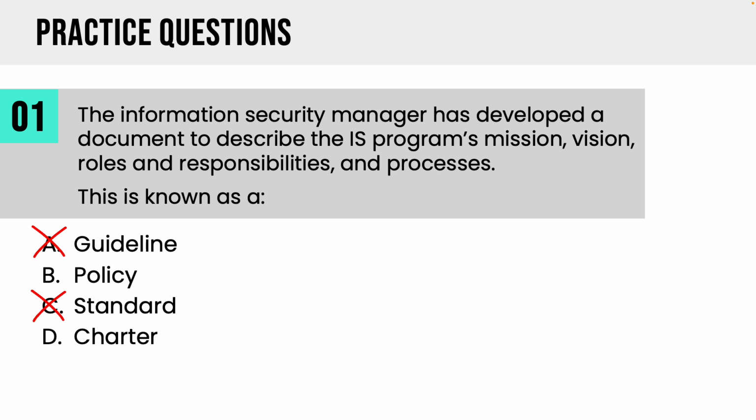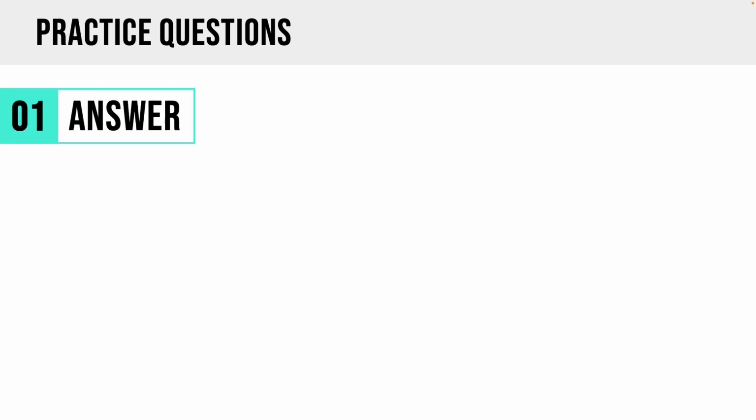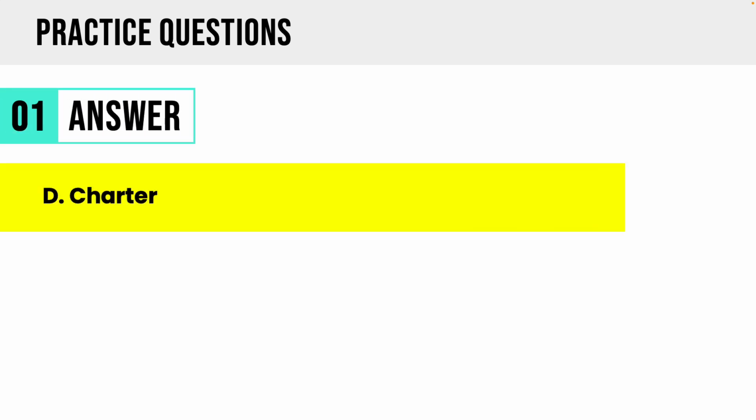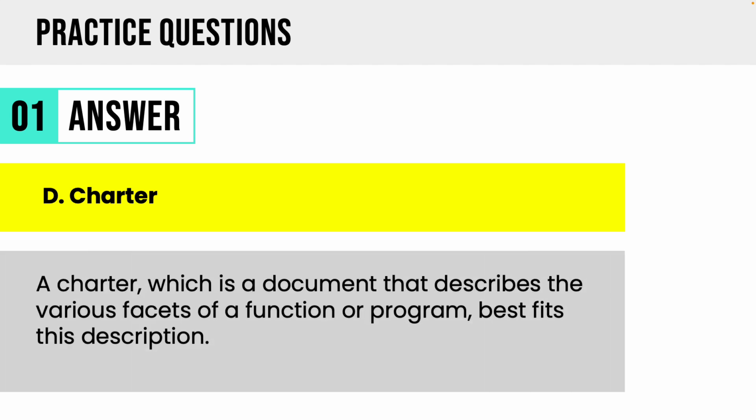That leaves us with policy and charter. So we'd see policies developed coming from leadership, charter also coming with input from leadership. The right answer here is D, the charter, which is specifically that document that describes the various facets of a function or a program. It's the scope and charter that would be relevant in this case.